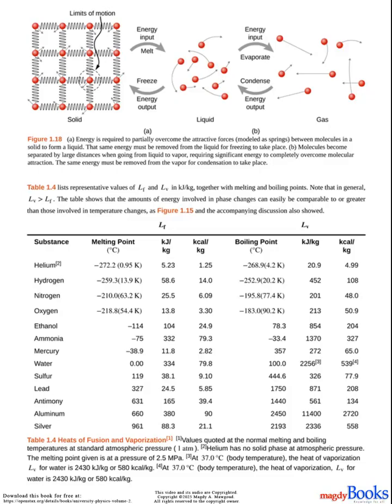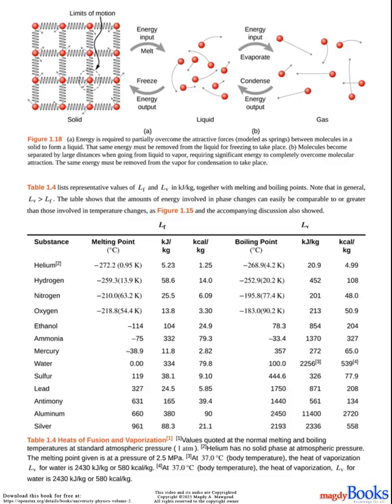Ethanol. Melting point, negative 114 degrees Celsius. 104 kilojoules per kilogram, or 24.9 kilocalorie per kilogram. Boiling point, 78.3 degrees Celsius. 854 kilojoules per kilogram, or 204 kilocalorie per kilogram.